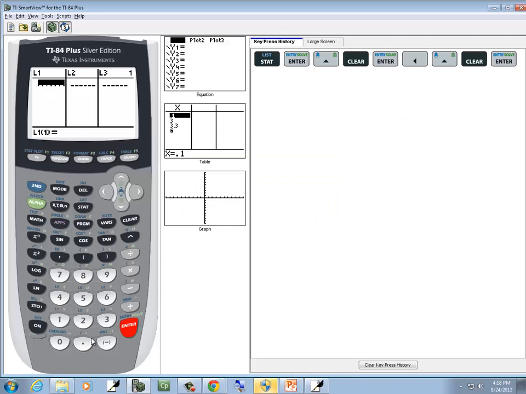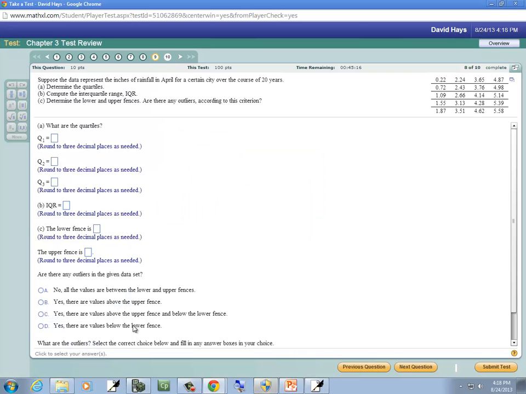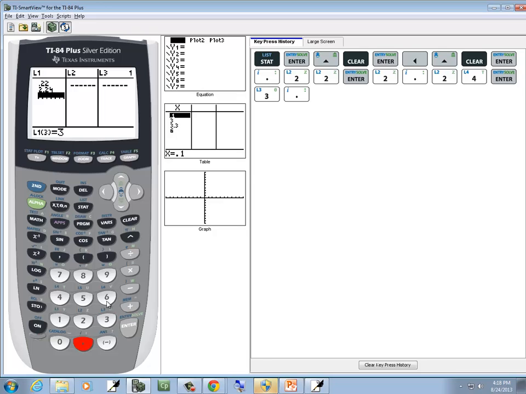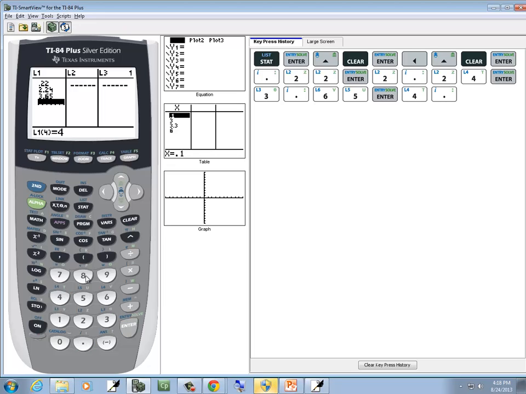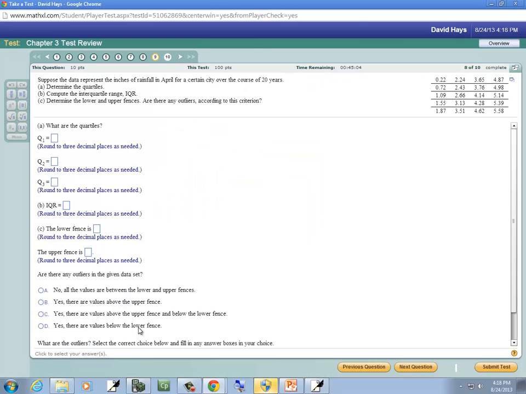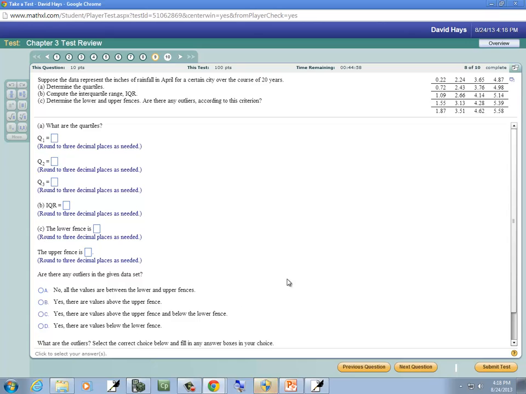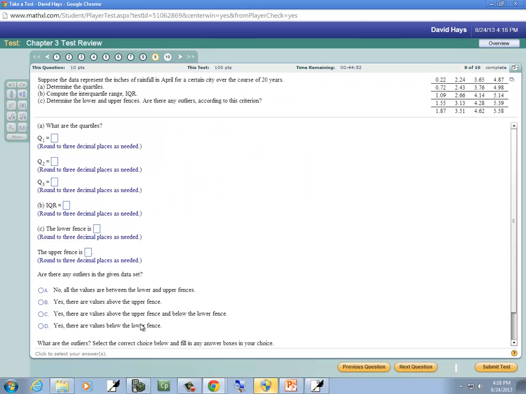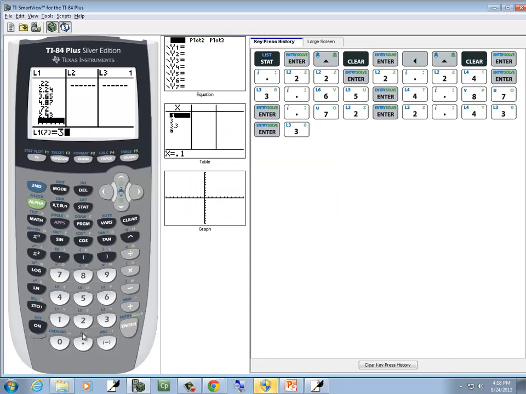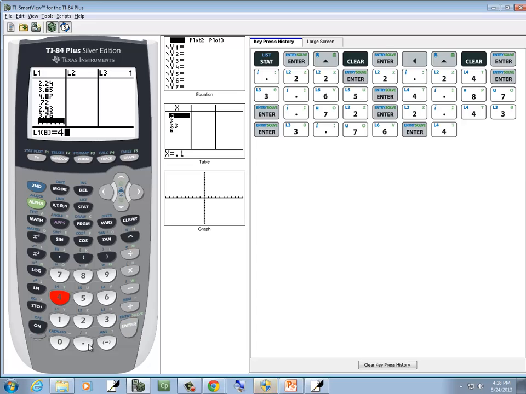And I got 0.22, enter. 2.24, enter. 3.65, enter. 4.87, enter. 0.72, enter. 2.43, enter. 3.76, enter. 4.98.